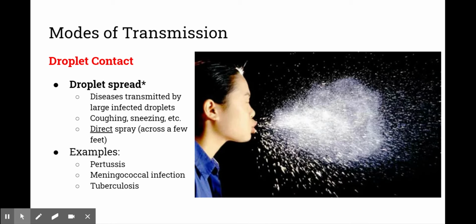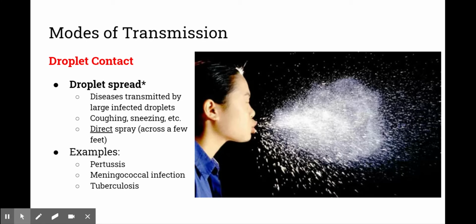Droplets. Droplet spread is a disease transmitted by large infected droplets. So think about coughing, sneezing, these ways that humans can produce these little spit clouds, essentially. Think of this as like the spray zone. Think of this as why, for example, with COVID-19, you are instructed to stay 6 feet apart from other people, because 6 feet on average is a human splash zone.